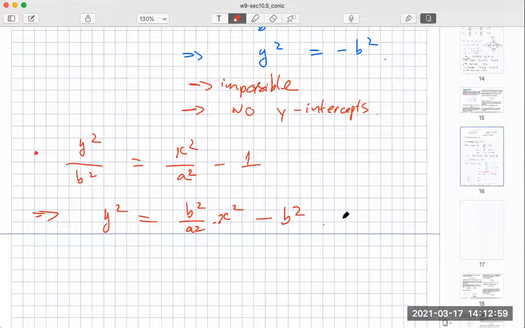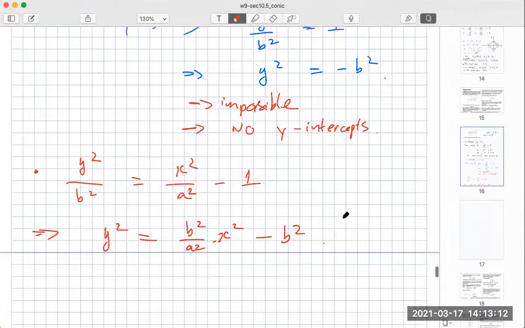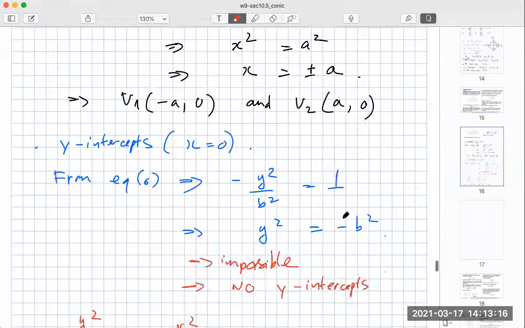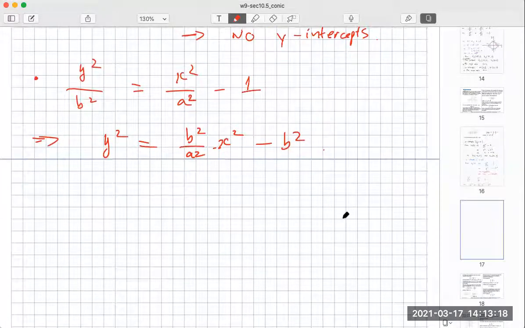Then again, we take the square root of both sides.